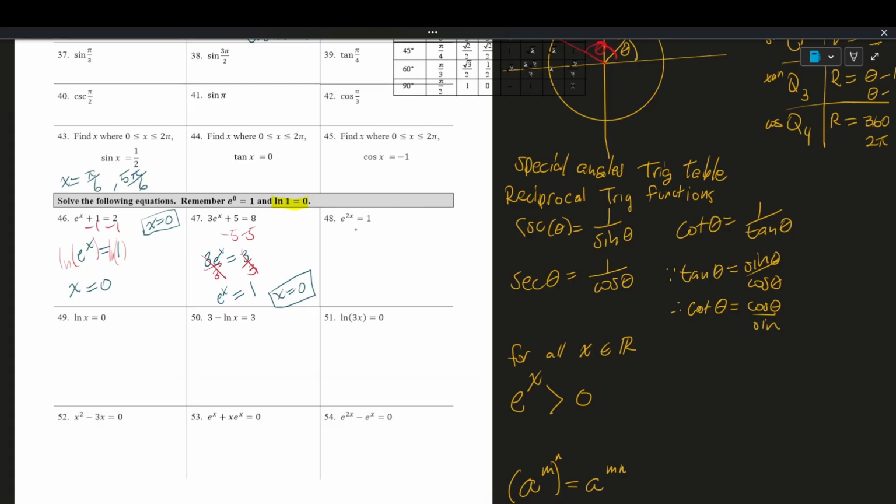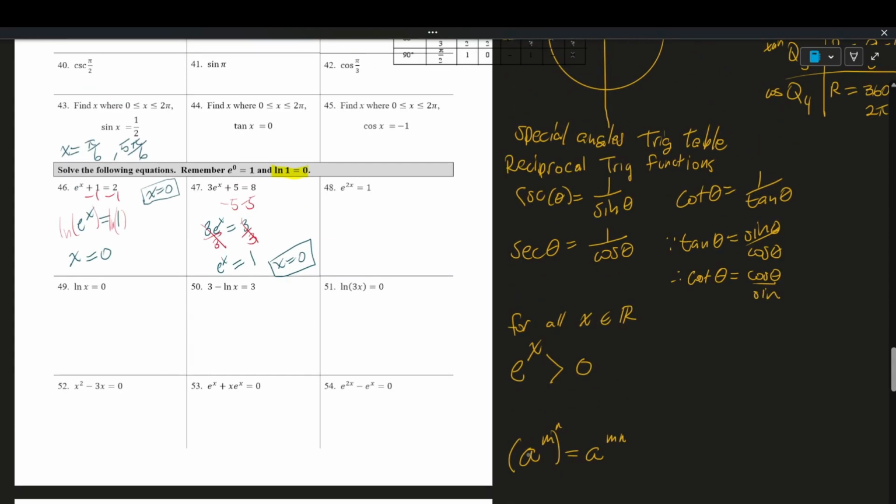Okay. For question number 48, I wrote the exponent rule. Any number raised to an exponent and then that expression is raised to the exponent again, we must multiply the exponents. So using that rule in reverse, we can rewrite e to the 2x as e to the x squared equals 1.